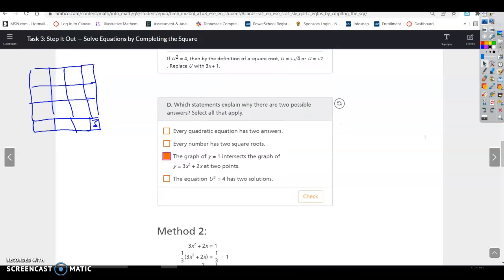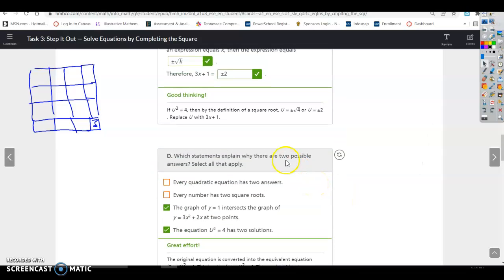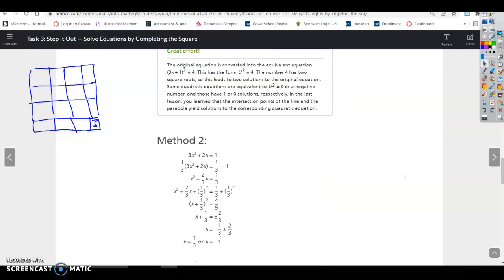All right. And then it says the equation u squared equals 4 has 2 solutions. So in this case, we were using u squared equals 4, and that was the plus or minus the square root of 4. So yes, in this case, it has 2 solutions.